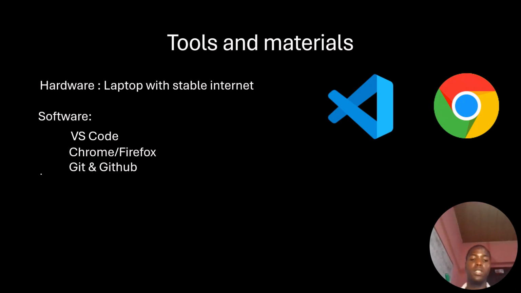But when Git and GitHub came in, there's no need to take the code somewhere. You can just send it over GitHub, and then the person pulls it from GitHub, makes changes, and sends it back to GitHub.